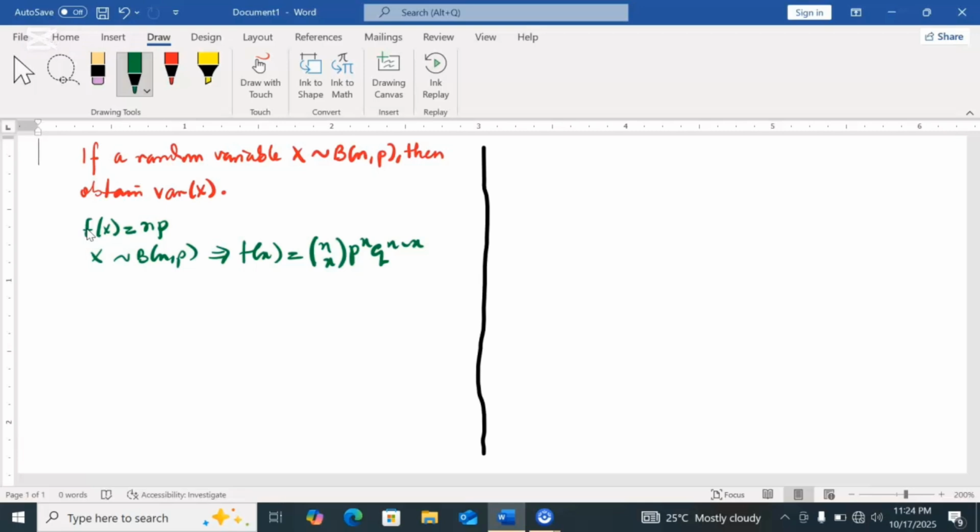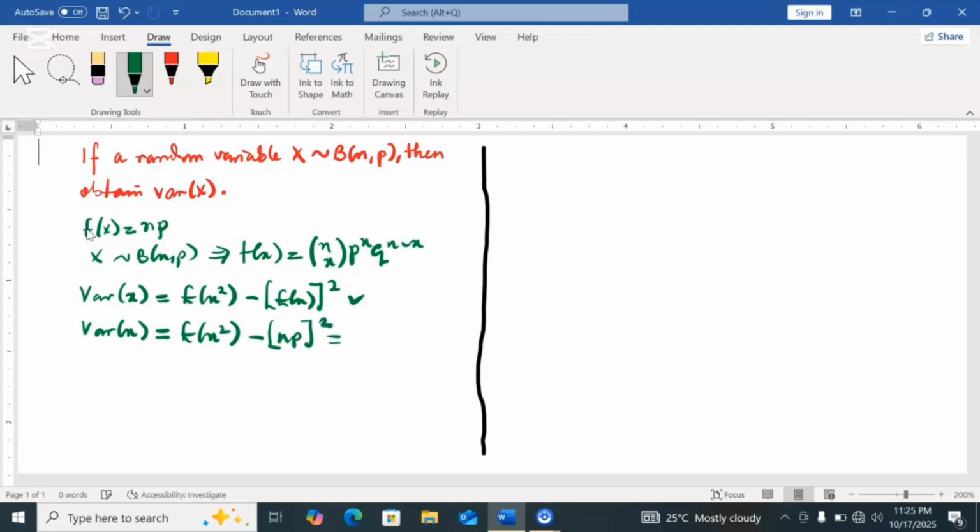Now, note that variance of x is equal to expectation of x squared minus expectation of x all squared, and we shall be using this to get the problem solved. So variance of x equals expectation of x squared minus np all squared, and this will give us expectation of x squared minus n squared p squared.